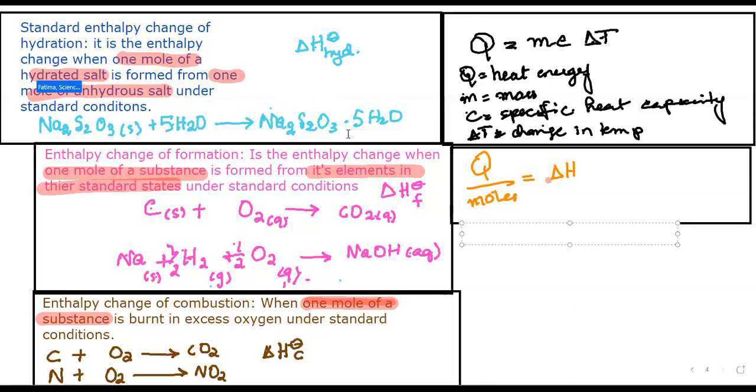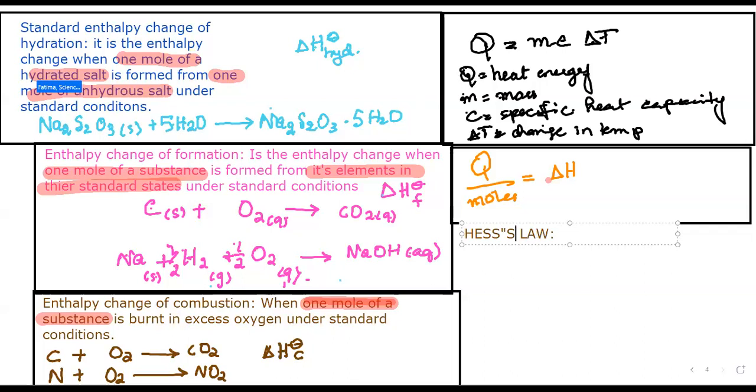So what do we do in situations where we cannot directly calculate the enthalpy change? What if we have a situation where you and I cannot directly calculate the enthalpy change of any reaction? So for that, we use something that is known as Hess's law. First, let me define Hess's law to you, and then I will actually explain to you what it is all about.